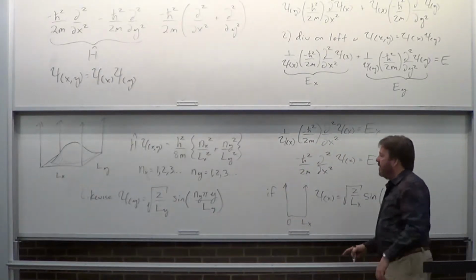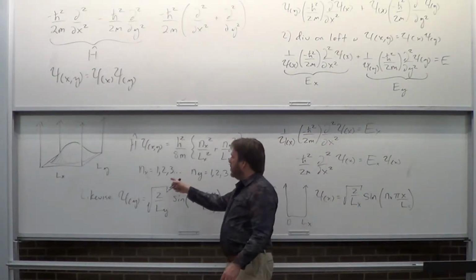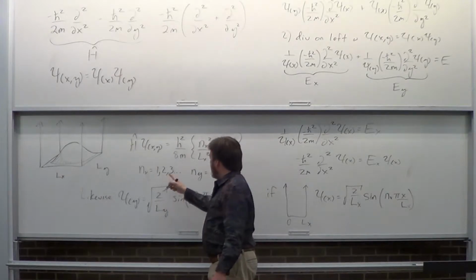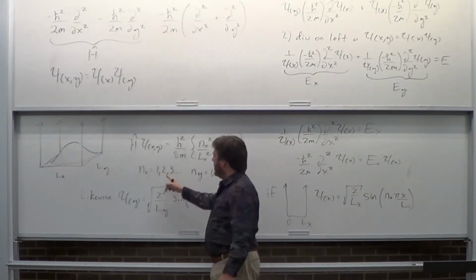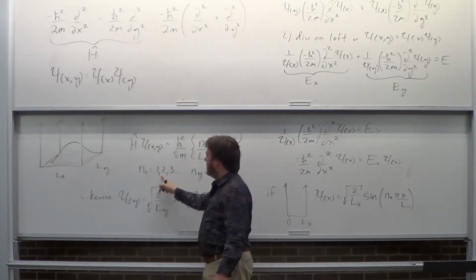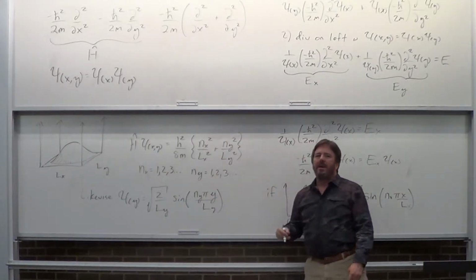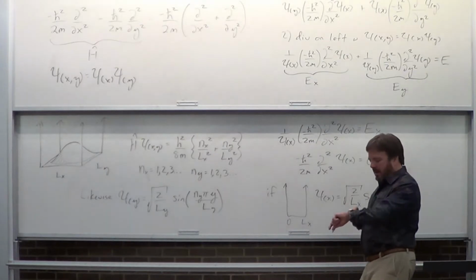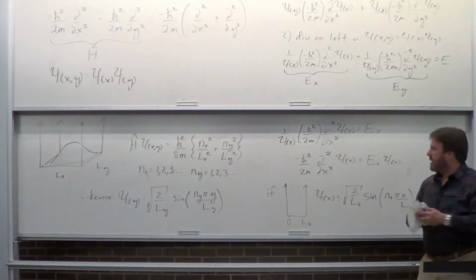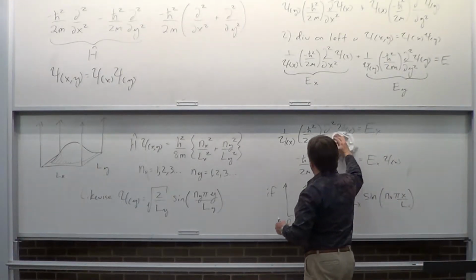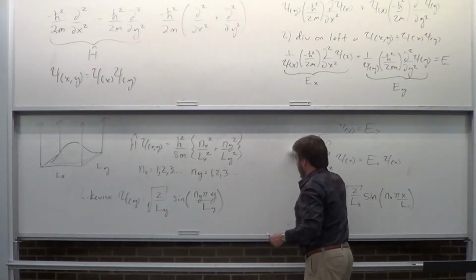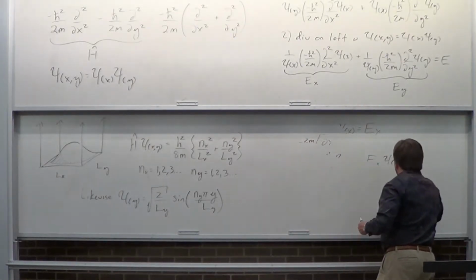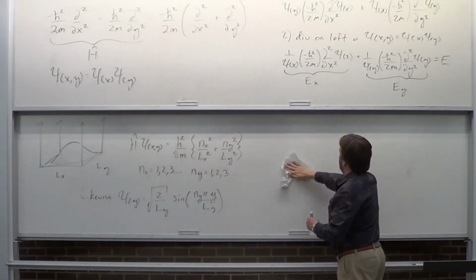So ny equals 2, nx equals 1 is the same as nx equals 2, ny equals 1. That's a little subtlety. It's true, and you might want to put a little star by this. This is kind of important.